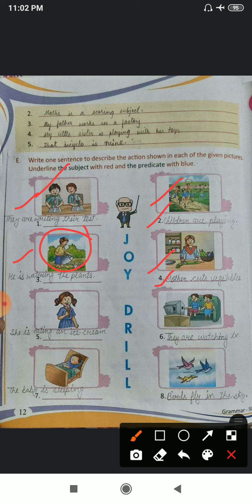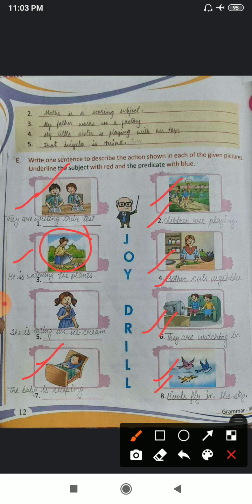So you can write down she is eating an ice cream or a girl is eating an ice cream. Number 6, one boy and one girl, they both are sitting and watching TV. So you can write down they are watching TV. Then number 7, baby is sleeping. So the baby is sleeping. Number 8, the last one, you can see birds are flying in the sky. So you can write down birds fly in the sky.